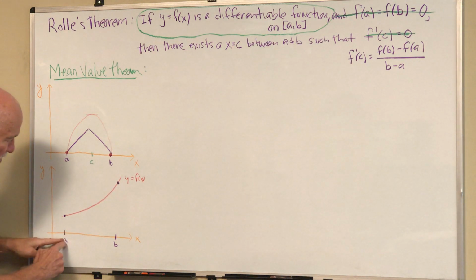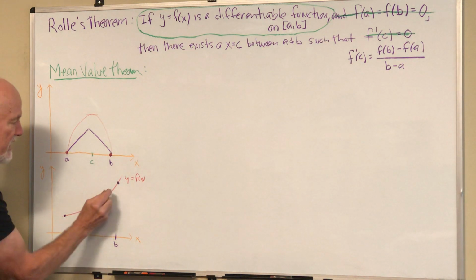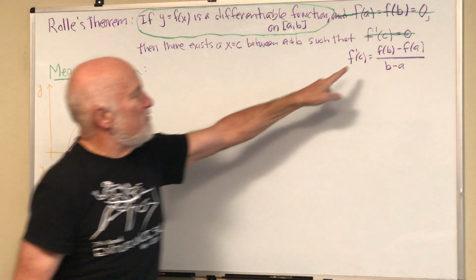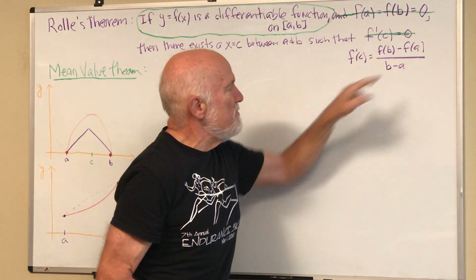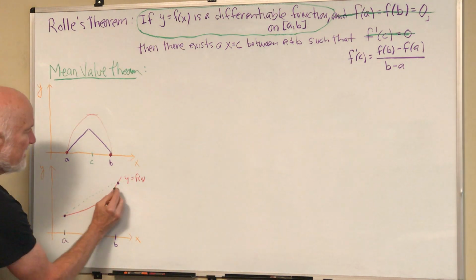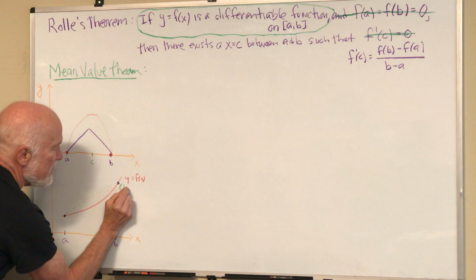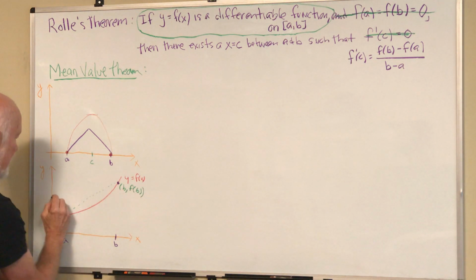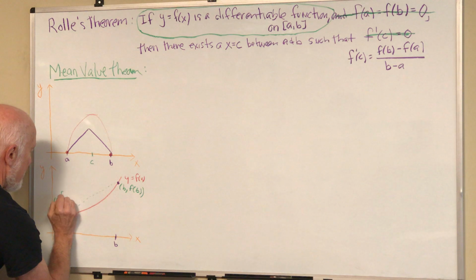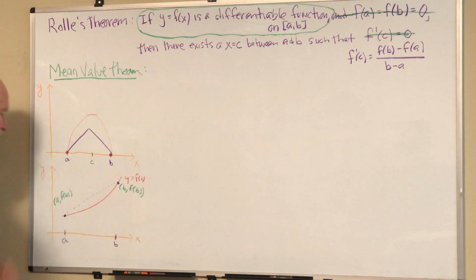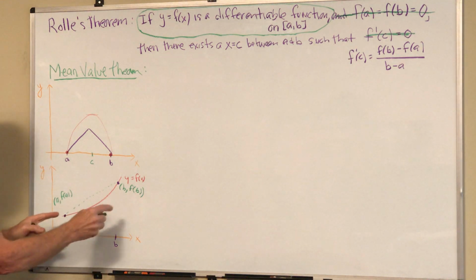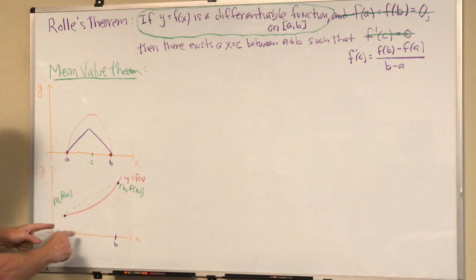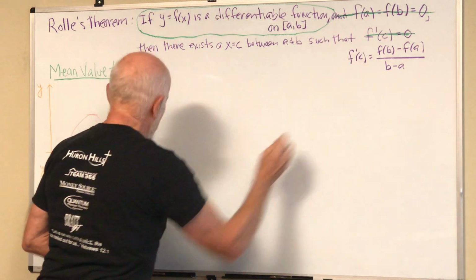The mean value theorem says there's a point between A and B, and let's look at what f of b minus f of a over b minus a represents. This point right here is b, f of b, and this point is a, f of a. So when you go f of b minus f of a, you've got the rise, and b minus a is the run.